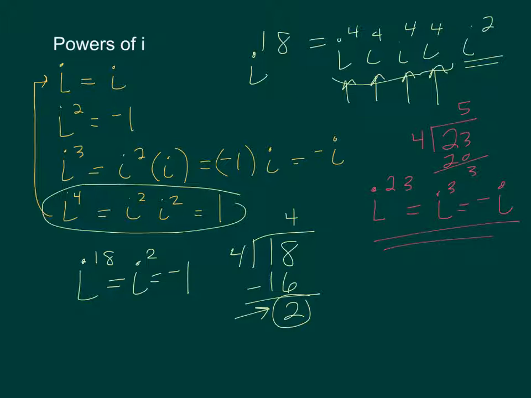The last thing that we want to talk about is division. So when we divide two complex numbers, such as 3 plus 4i over 5 plus 2i, if you remember, i is defined to be the square root of -1, and we typically do not want a square root in the denominator.